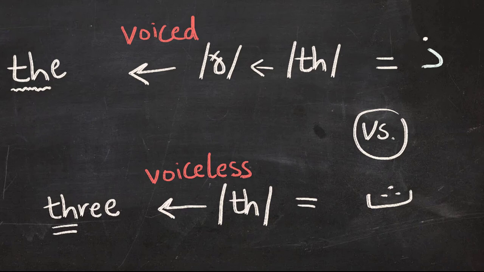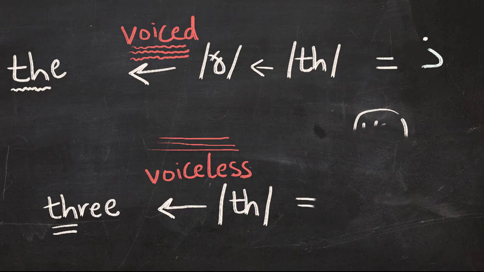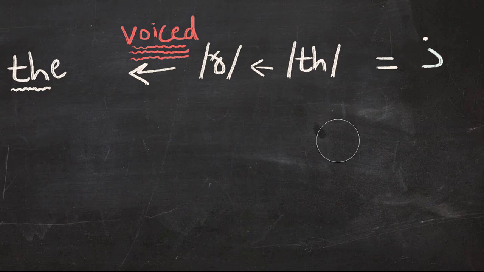So if you put your hands on your throat, you're going to feel a vibration of your vocal cords while you pronounce the letter the, or the sound the. In contrast, if you try to pronounce th, which is a voiceless sound, you will notice that there is no vibration whatsoever because it is a voiceless sound. In any case, if your first language is English, this should not be a problem because you already have these 2 sounds in your first language.